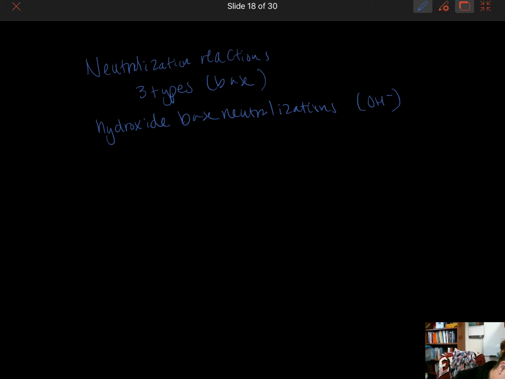So the net ionic equation for a hydroxide base is OH minus plus H plus goes to H2O, and everything else is considered spectators. So for instance, we can have some metal hydroxide plus some random acid, and when they combine, they produce water and a salt.